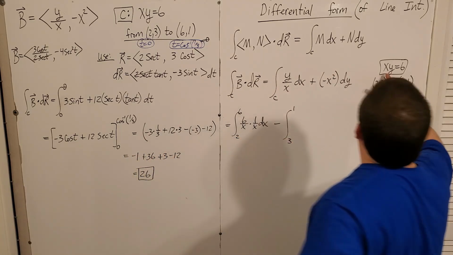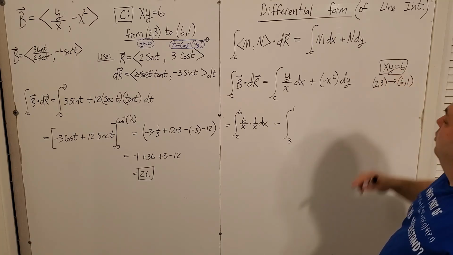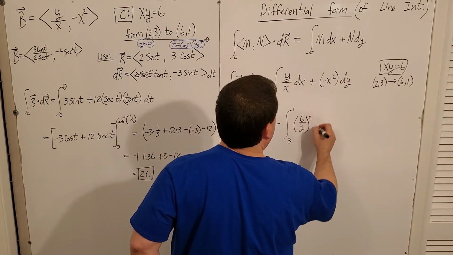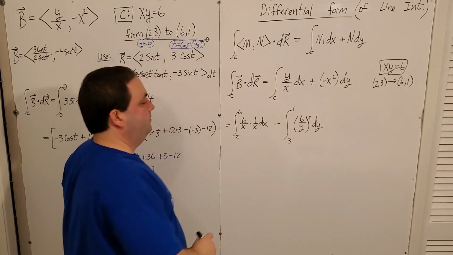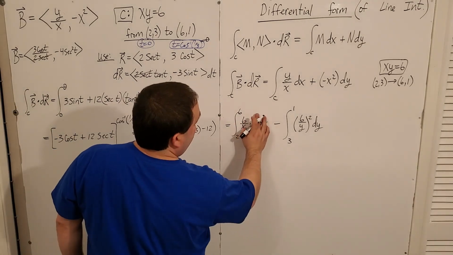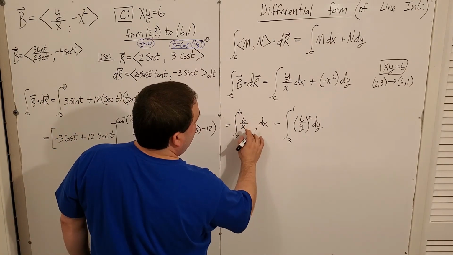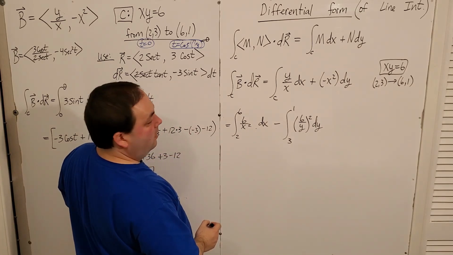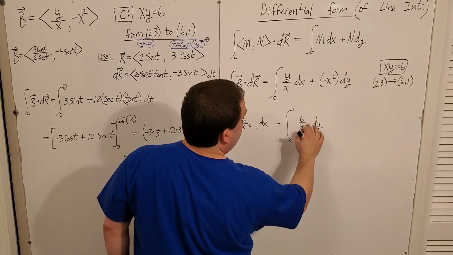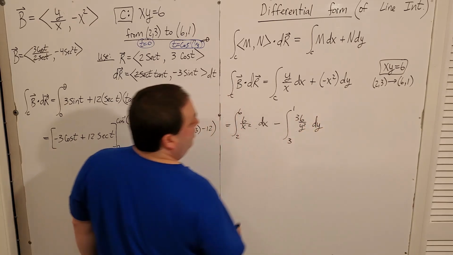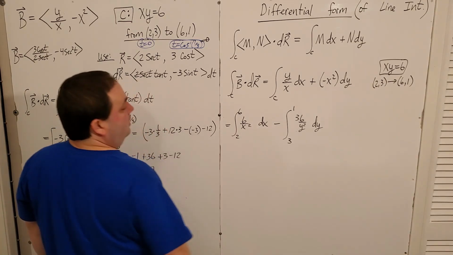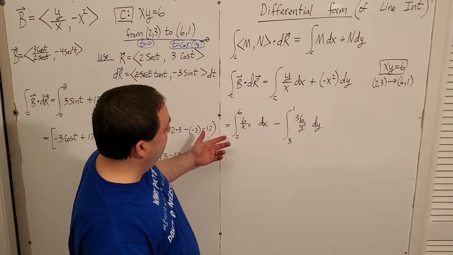Well, x is equal to 6 over y, so 6 over y squared dy. Right here, instead of times 1 over x, I could have just said 6 over x squared, and right here, I can just say 36 over y squared. Absolutely.